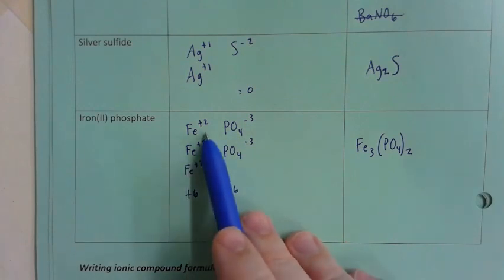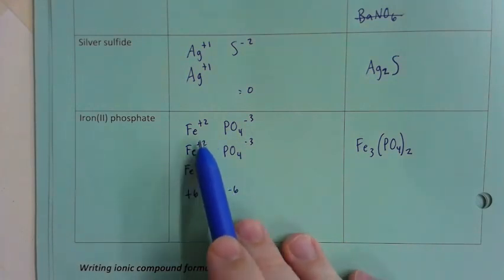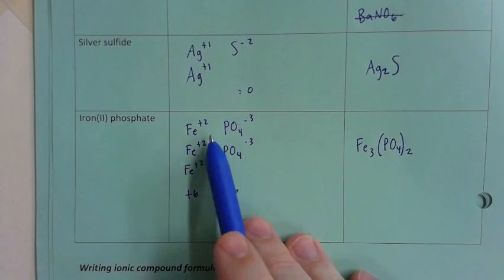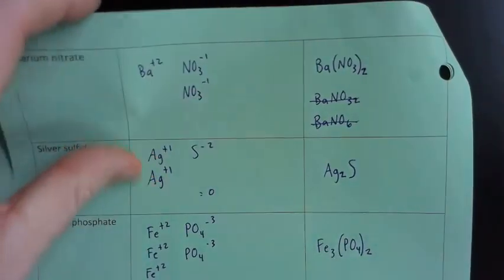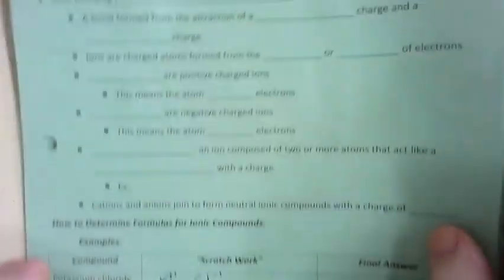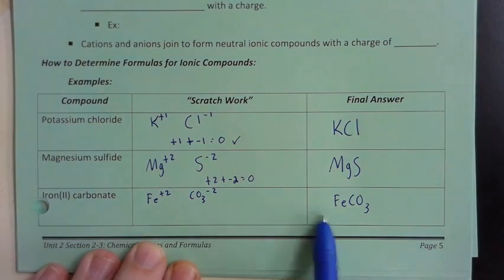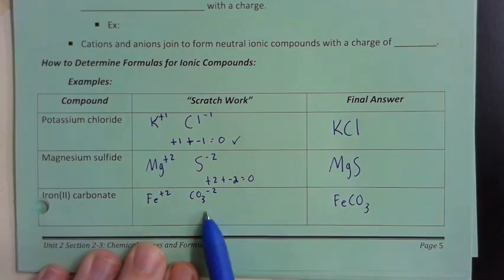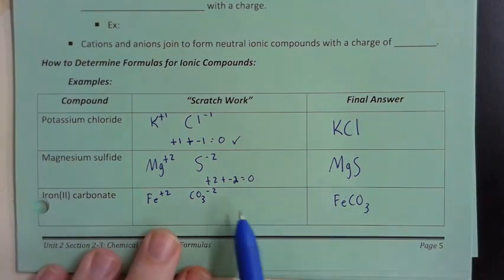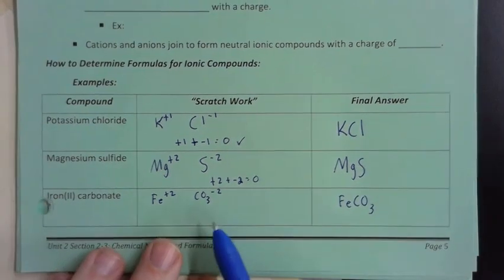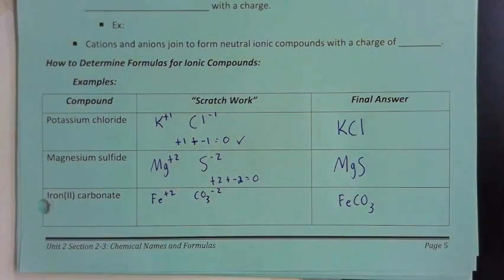If it's multiple of a monatomic ion, right, you don't need them. And just like on page 5, if we only have one, like in this case carbonate, there's no need for a parentheses either, right? Because there's no number that needs to distribute through it. Okay, so only when we have multiples of our polyatomic ions.